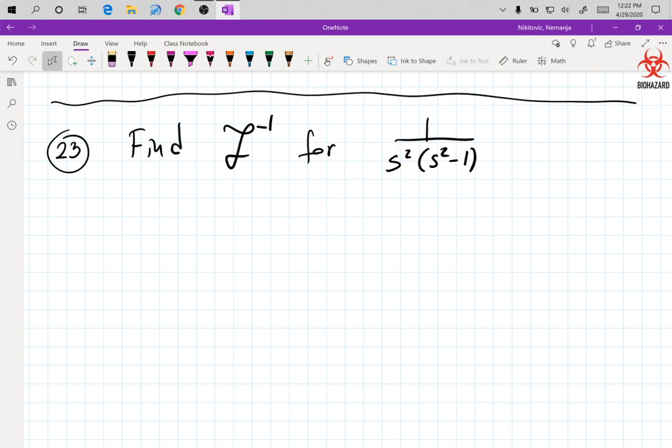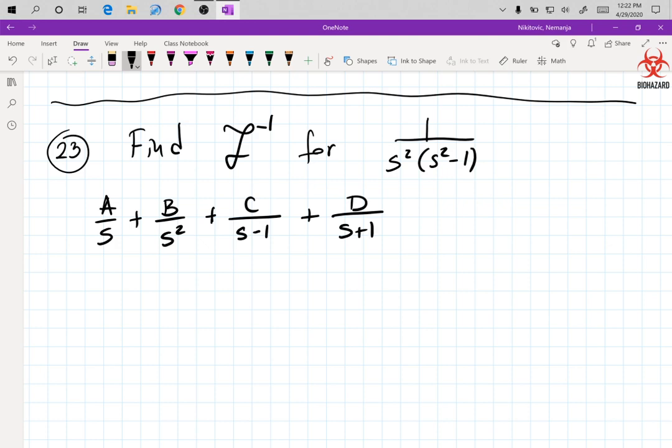I just hope that this one works. Let's try. What is my partial fraction decomposition? It's A over s plus B over s squared plus C over s minus 1 plus D over s plus 1. Oh, this one is a reducible quadratic.